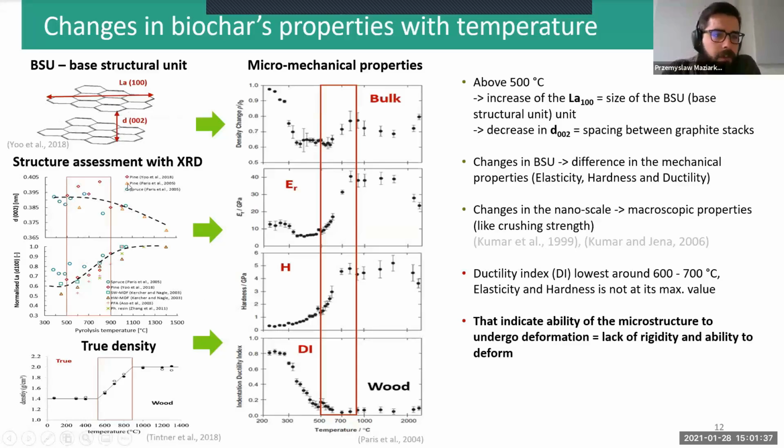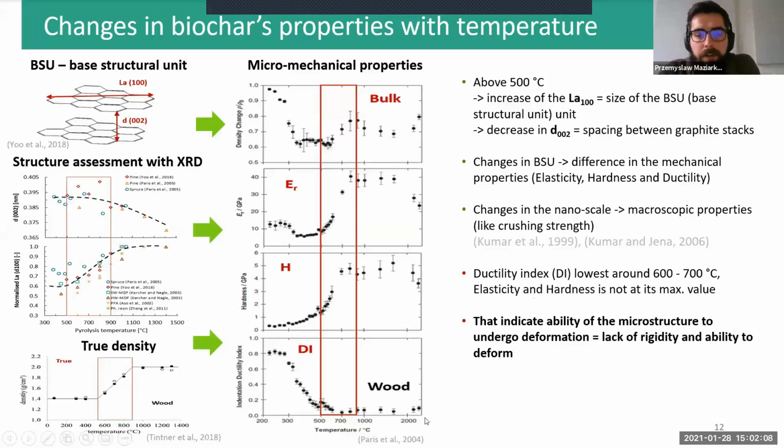The summary of the results from the XRD indicates that between 500 and 900 degrees, the spacing between the graphene stacks reduces. Also, the size of the BSU increased from 500 to 700 degrees. That, on the other hand, changes the mechanical properties as well as the true density of the biochar.